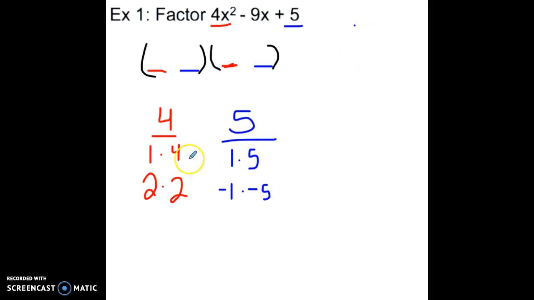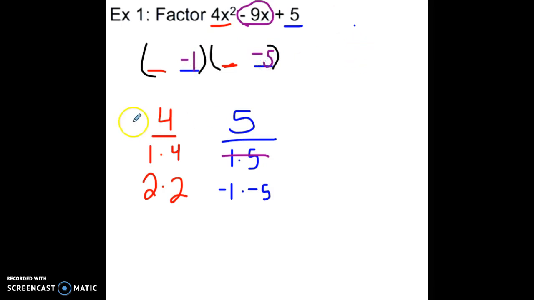You're going to have some sort of combination of these that will multiply together and then add to give you this negative 9 in the middle. So since that's a negative, we can already assume that we're going to use our negative 1 and our negative 5. So I'm going to go ahead and put those for the second part.